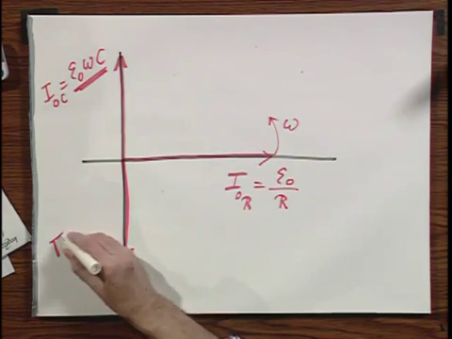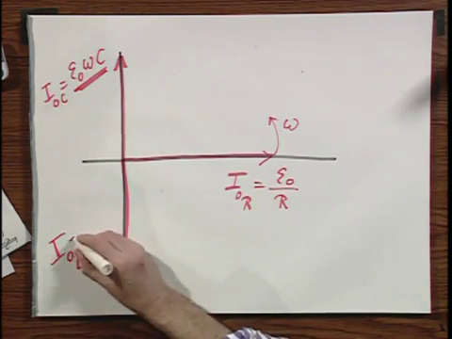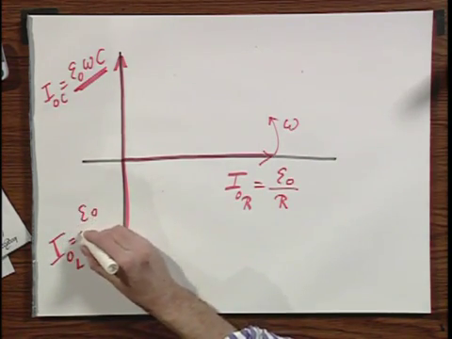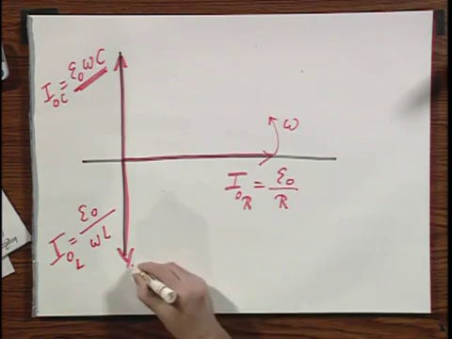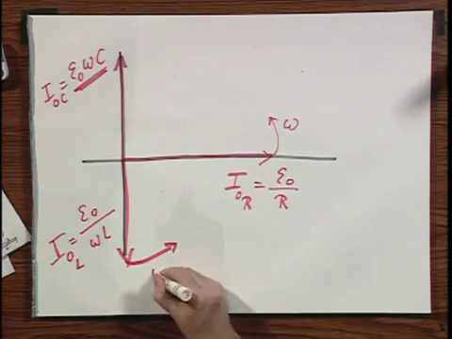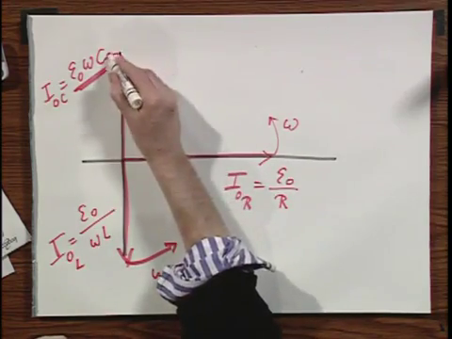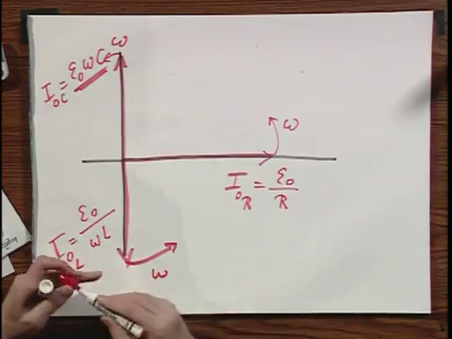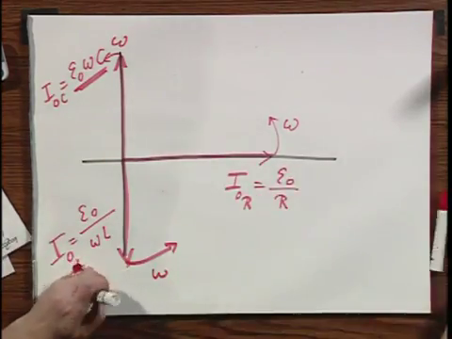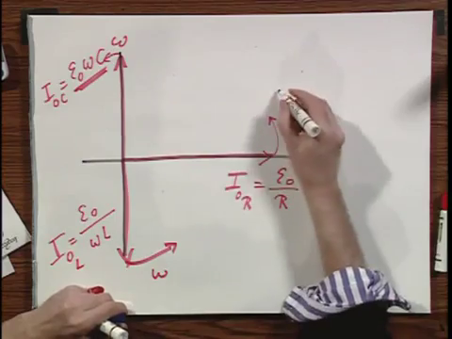And I0 going through the self-inductor equals E0 divided by omega L, which follows from what I just did only minutes ago. And this also goes around with angular velocity omega. And this whole system, these three spikes together, are coupled, they all go around with angular velocity omega.